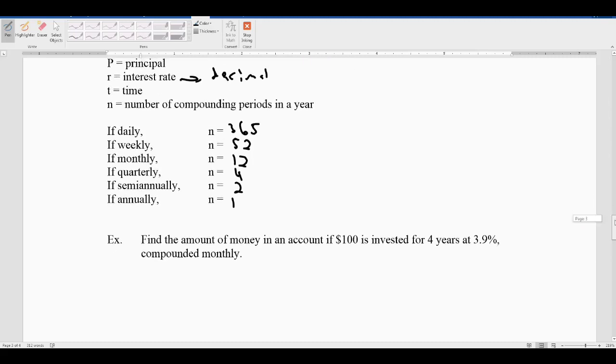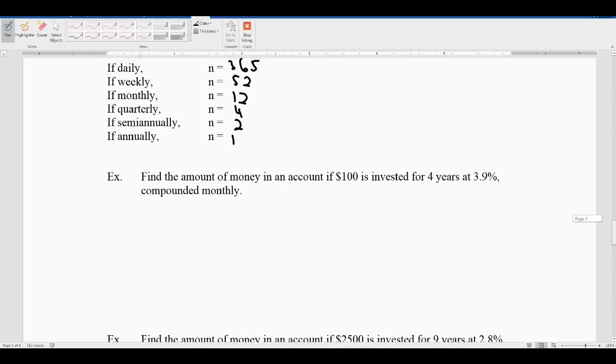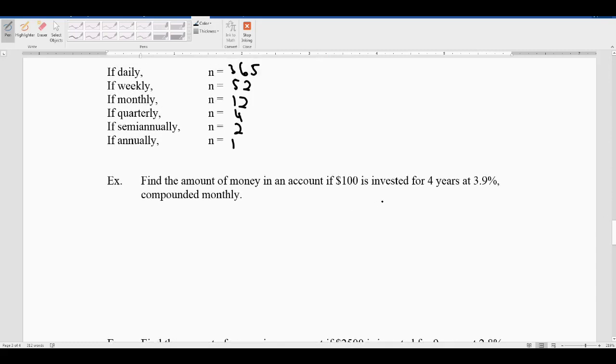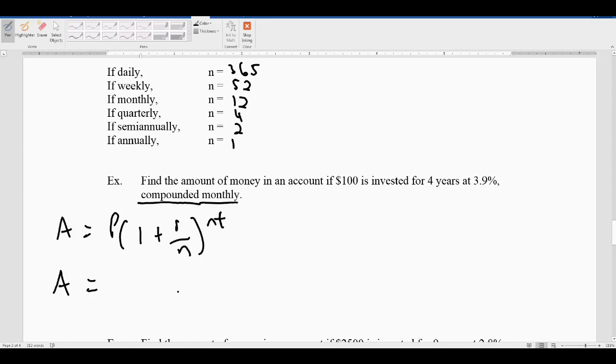Okay, here we go. Find the amount of money in the account if $100 is invested for 4 years at 3.9%, compounded monthly. Compounded tells us immediately we're going to use the compound interest formula. Hardest part of this is actually finding the answers from your calculator.